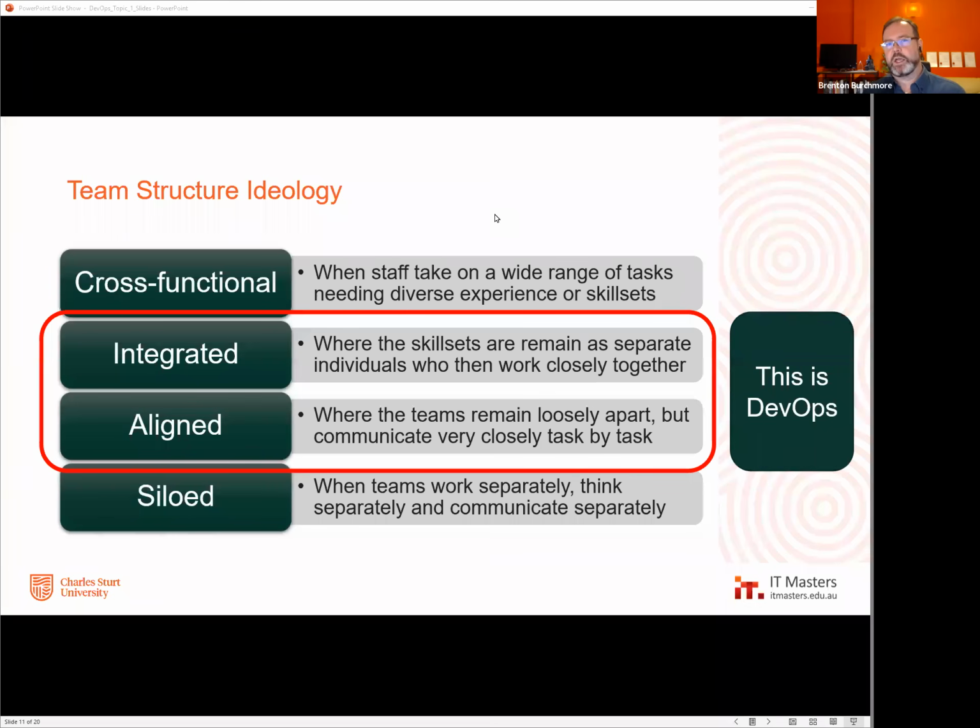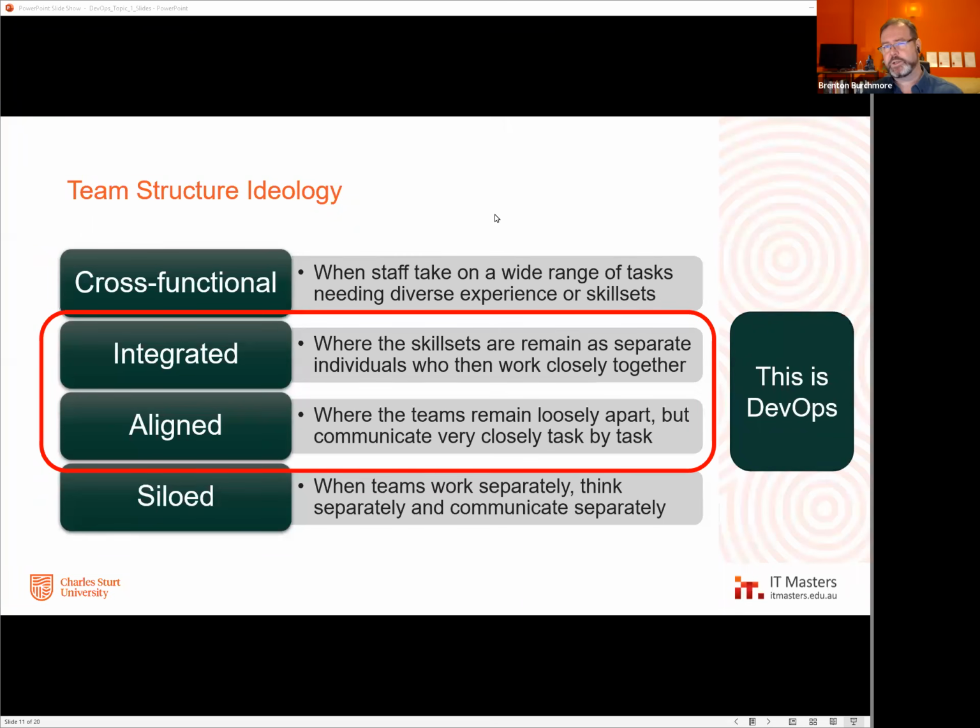This is where you find the majority of the DevOps attitudes. This is where DevOps typically sits. It's either in environments where the skill sets and job functions are preserved, but the team is meshed of individuals that work with other team members and identify with them, or the teams are still interacting with each other as a team, but very closely interacting with other teams next to them on a task-by-task basis.